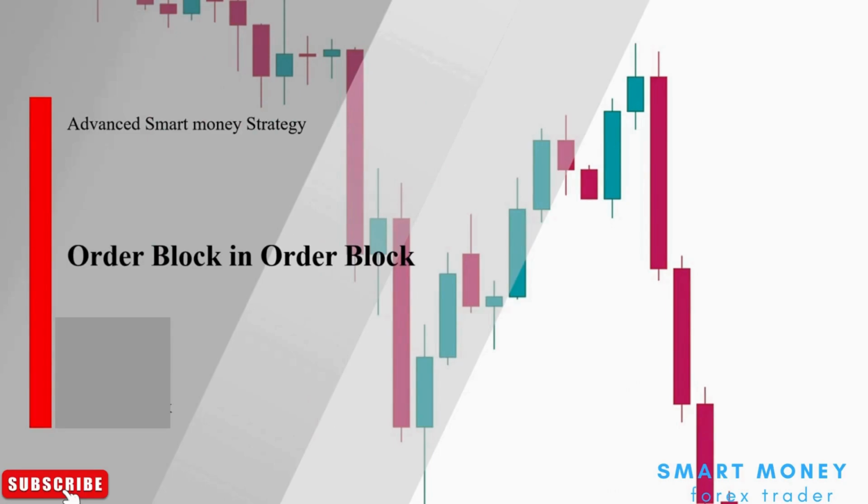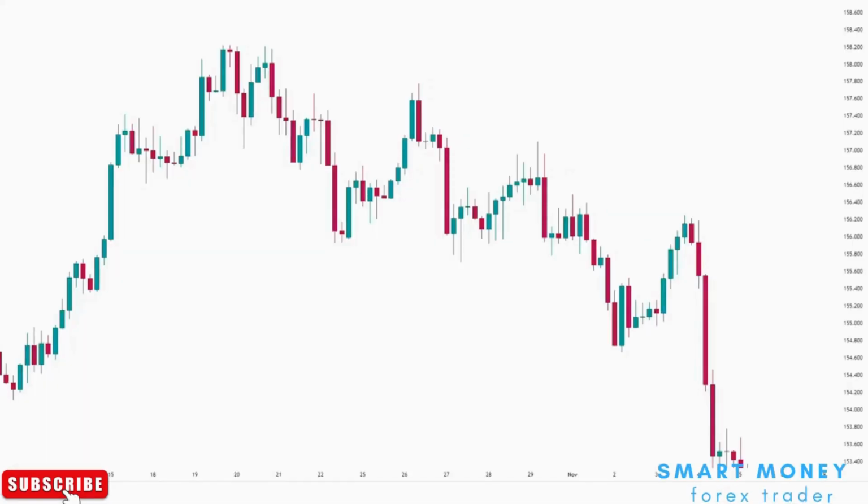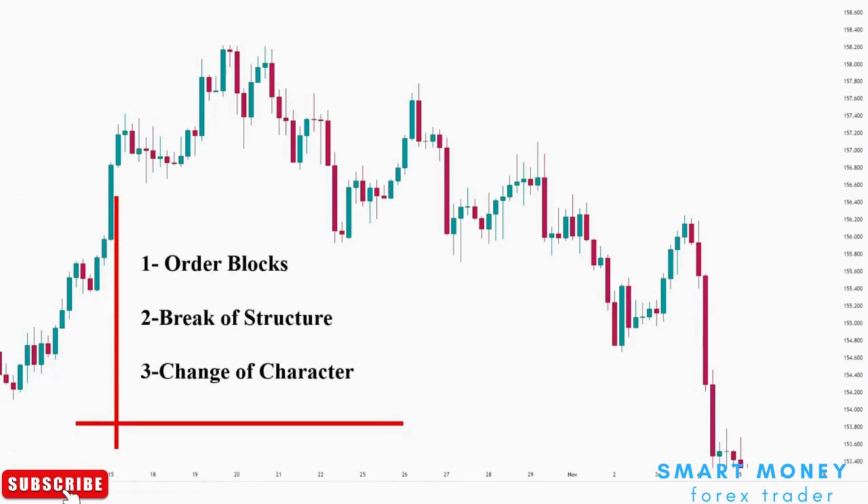Now, I've described what an order block is in my previous episode, but in this very episode I'll be talking in detail about the order block, break of structure and change of character, to fully understand this concept, all of which has been explained in separate videos in the previous episodes.